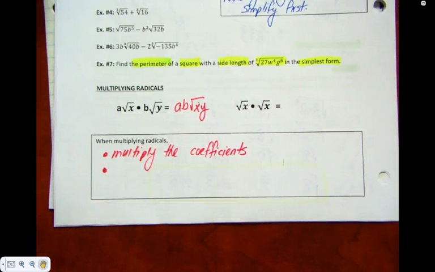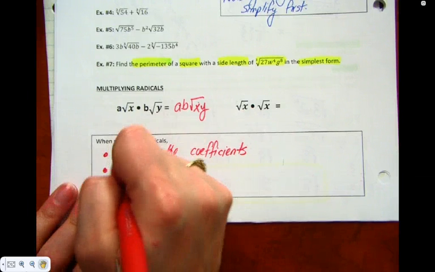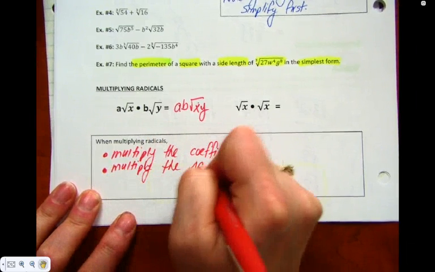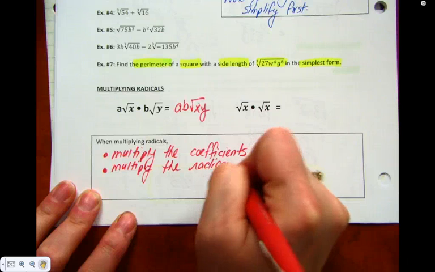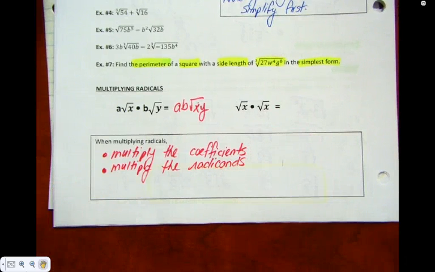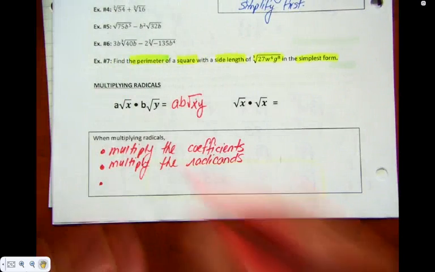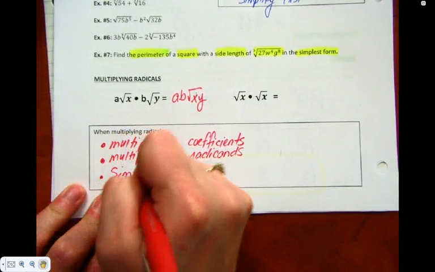Multiply the coefficients. Multiply the radicands. Simplify if necessary.